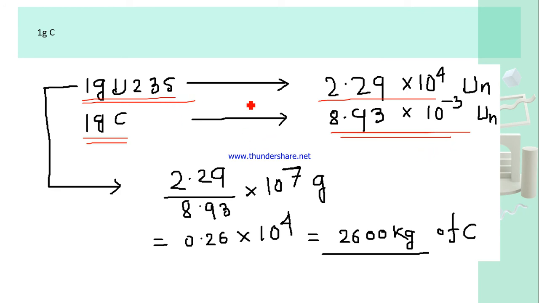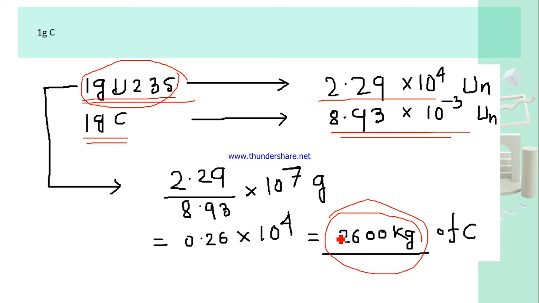So to get the energy equivalent to 1 gram of uranium-235, how much coal is to be burnt? That is this divided by this. It is 10 to the power 4 by 10 to the power minus 3, which is 10 to the power 7. If you do that, it is coming 2600 kg.